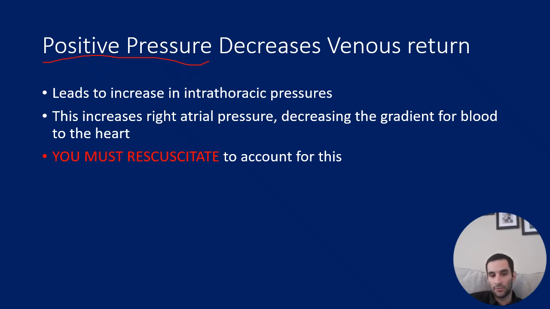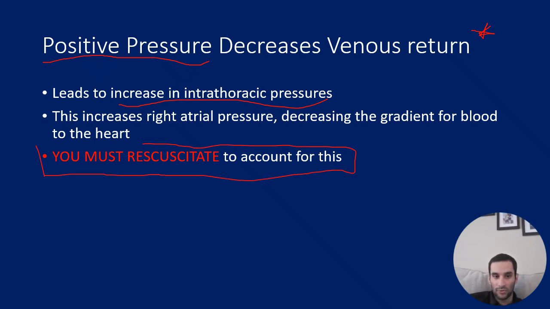Now, this has significant physiologic effects. Most notably, it decreases venous return to the heart, which means less blood flow to the heart, which means lower blood pressure. Okay, and this happens because of the increase in intrathoracic pressure when you pump air in via positive pressure. You must, in your resuscitation, account for this.